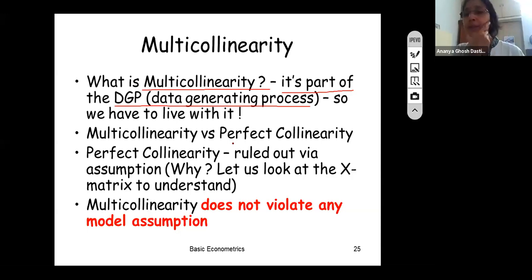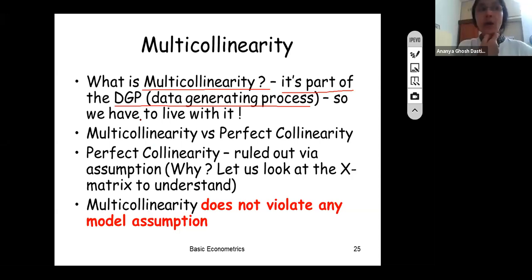It involves the extent of correlation among the explanatory variables themselves. So please keep this in mind: when the explanatory variables are correlated with each other, and there is a high degree of linear correlation among them, we say that there is a problem of multicollinearity.